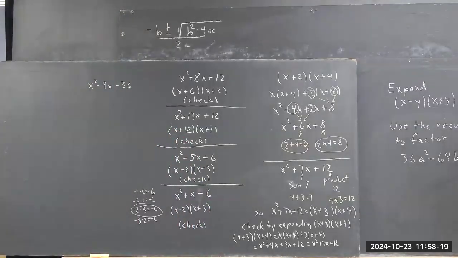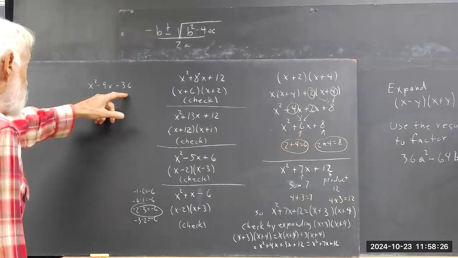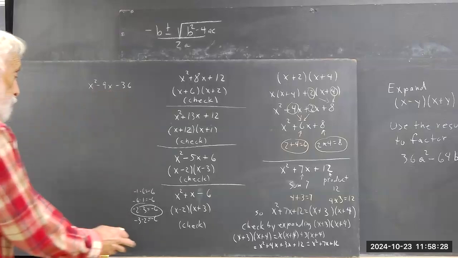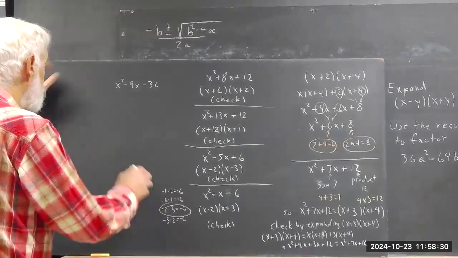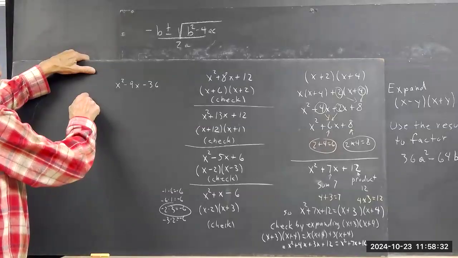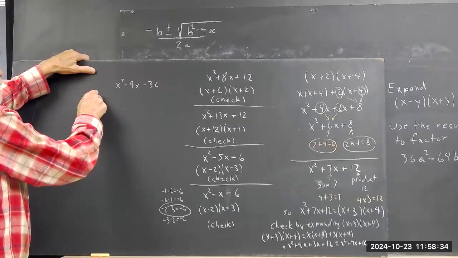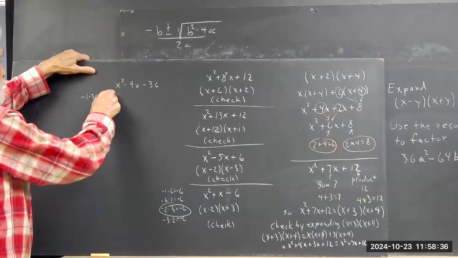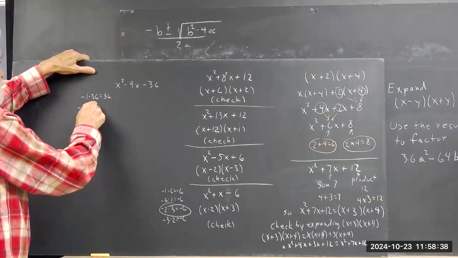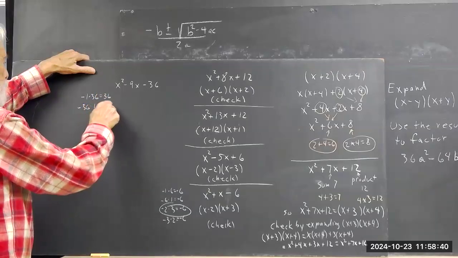I'm not going to ask you to do this. I'll just demonstrate what I mean. Okay, what numbers can you multiply to get -36? Well, you could do -1 times 36 equals -36, or -36 times 1 equals -36.